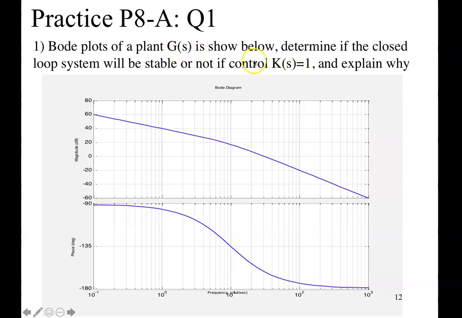Then, of course, K times G equals 1 times G, and therefore it's the same as G. Therefore, this diagram would be the Bode plot of G times K. I'm just trying to raise the awareness that K makes a difference here. So you end up with this diagram representing the frequency response of K times G because K equals 1. And I'd like you to determine if the closed loop system will be stable or not, just using the approach that I did earlier.